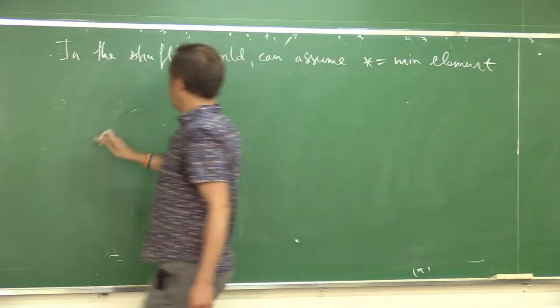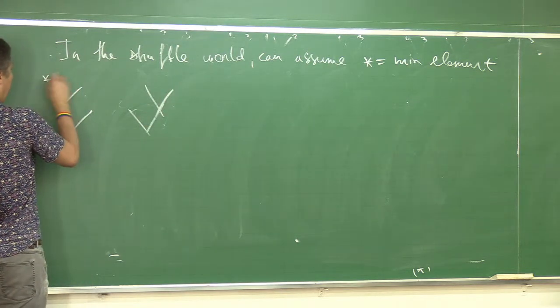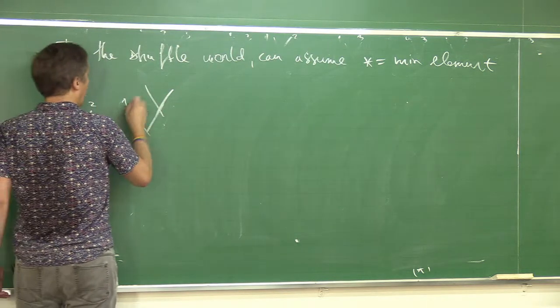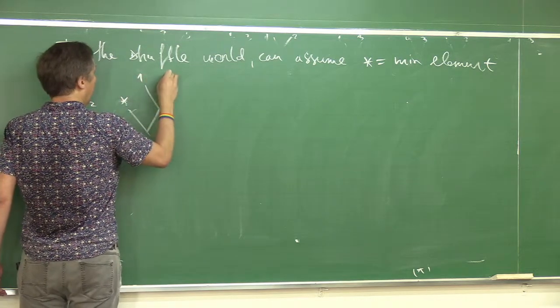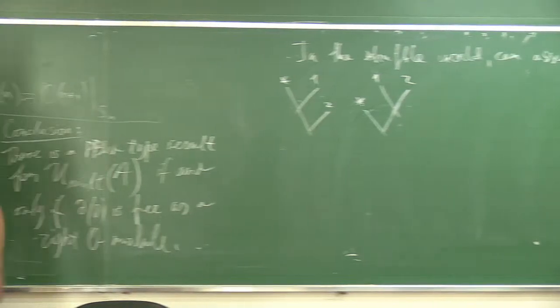So the typical shuffle trees that we are now interested in will be looking like this. There will be the minimal element star, and there will be some other elements.